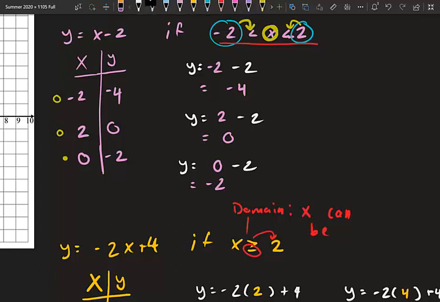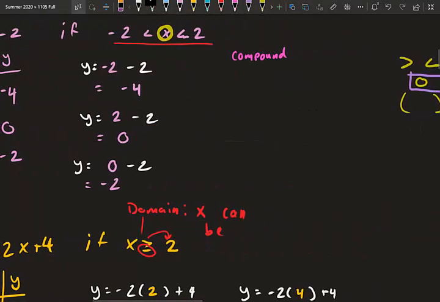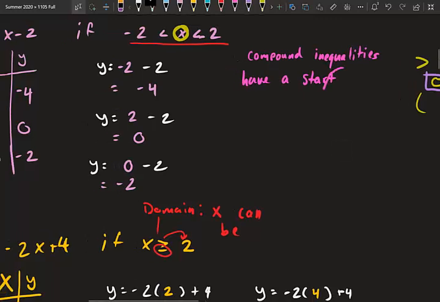This is a compound inequality. Compound inequalities have a start and a stop.